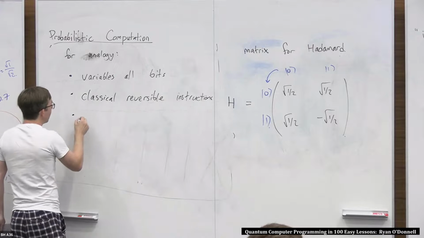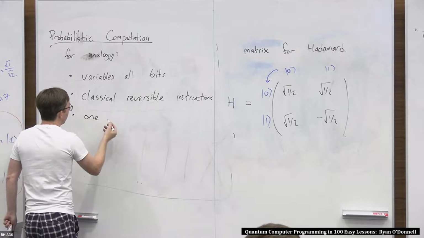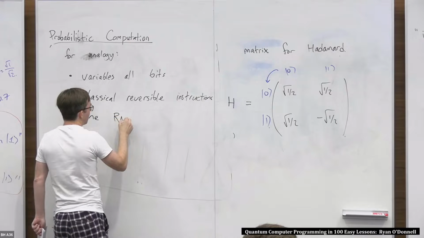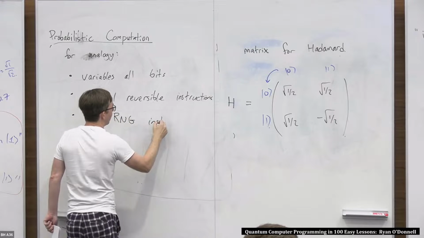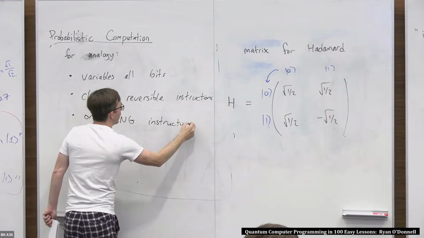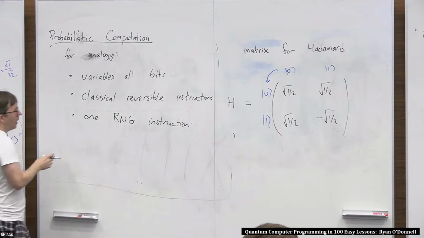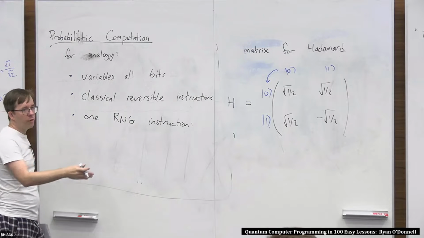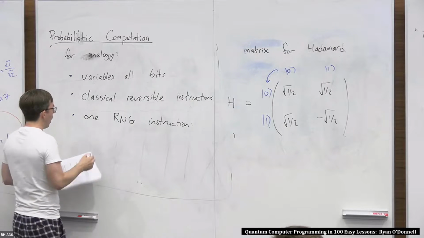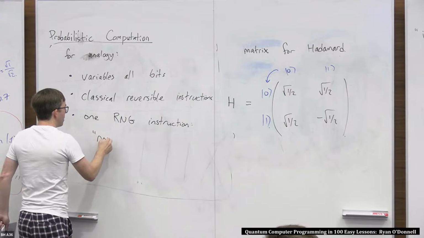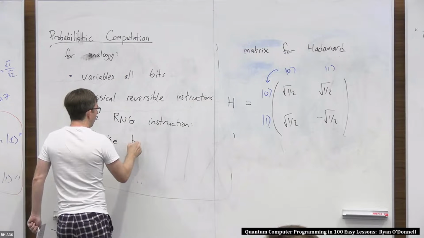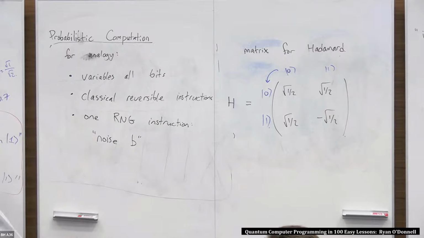And then I'm only going to use one kind of RNG-type instruction, one instruction that generates probability. It won't be the one for the homework, just to mix things up. It won't be the instruction that gives you a 50-50 random bit. It's going to be this new one that I'll call noise on B. B is the name of a bit-type random variable.